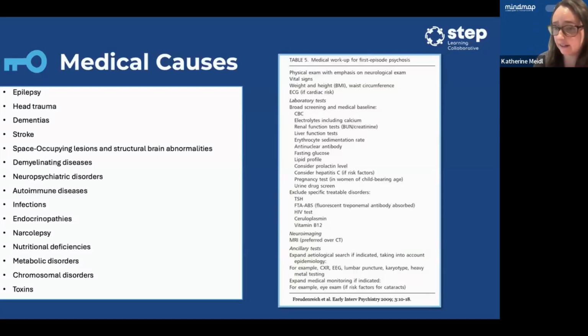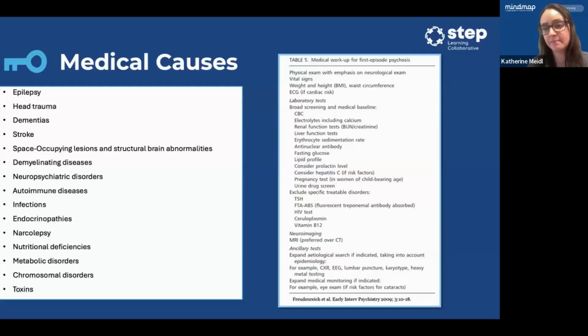Similarly, a prolactin level can be considered when thinking about treatment or any chromosomal disorders. Thinking about a hepatitis C test if there are risk factors, getting a pregnancy test to check to see if that's going to be impacting your treatment and care, urine drug screen, checking for substances, and then thinking about that TSH, checking for hypo or hyperthyroidism, getting some sort of syphilis screening, whether it is this FTA-ABS or an RPR or another test for syphilis, just to check and rule that out.